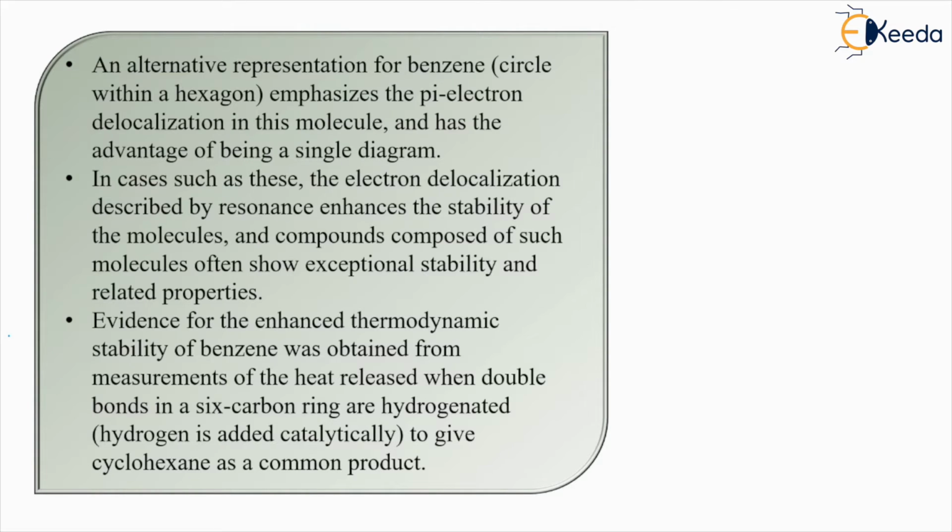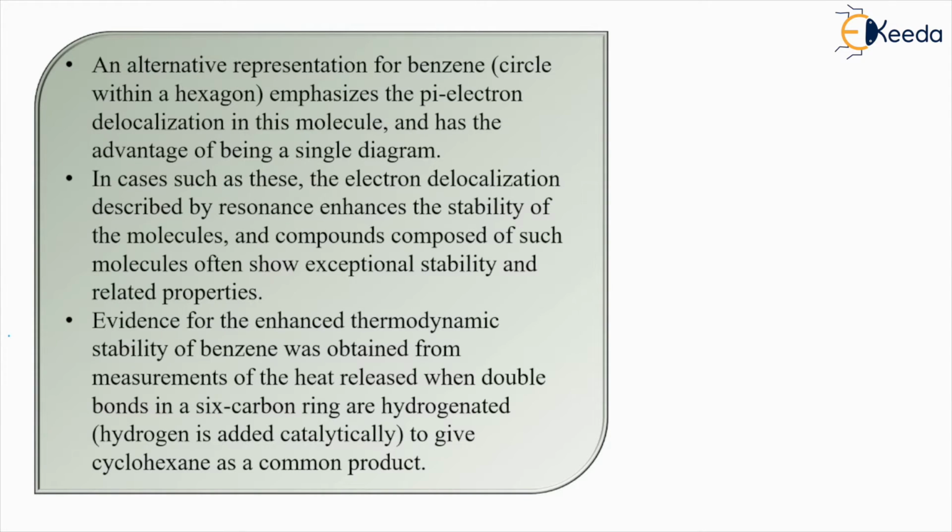In such cases, the electron delocalization described by resonance enhances the stability of the molecule, and compounds composed of such molecules often show exceptional stability and related properties. Evidence for the enhanced thermodynamic stability of benzene was obtained from measurements of the heat released when a double bond in a 6-carbon ring is hydrogenated.